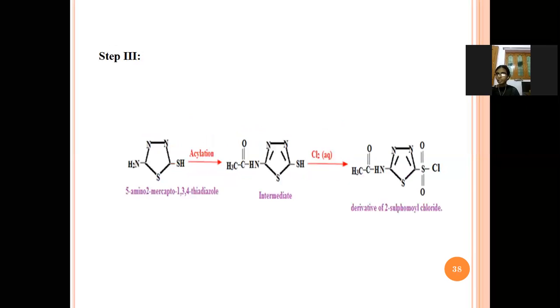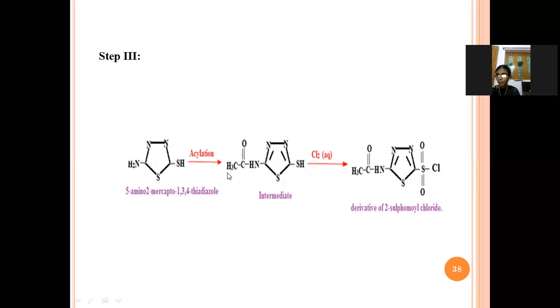Next in step 3, the end product which came in step 2 is the starting material for step 3. See here, 5 amino 2 mercapto 1, 3, 4 thiadiazole. Here it undergoes the acylation process. See here, in the amine group the acyl group is attached.